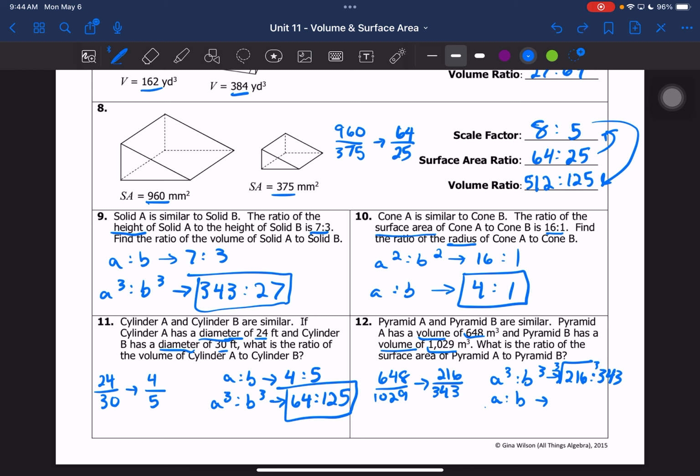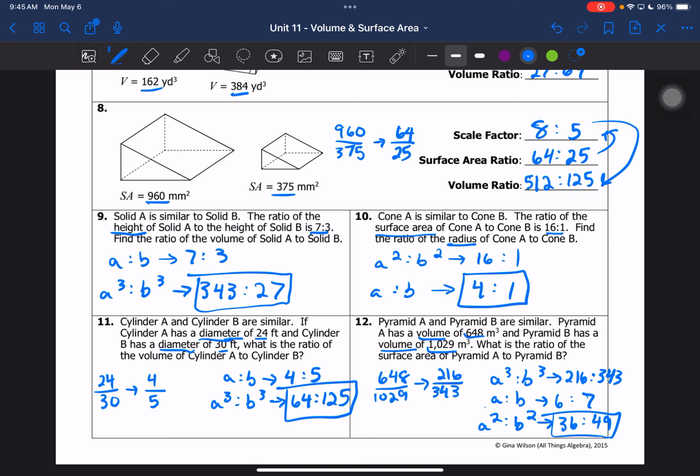And I would just use the calculator for that. So the cube root of 216 comes out to 6, and the cube root of 343 comes out to 7. Now we can find the ratio of the surface area, which is represented by A squared to B squared. 6 squared is 36, and 7 squared is 49. So the surface area ratio is 36 to 49.